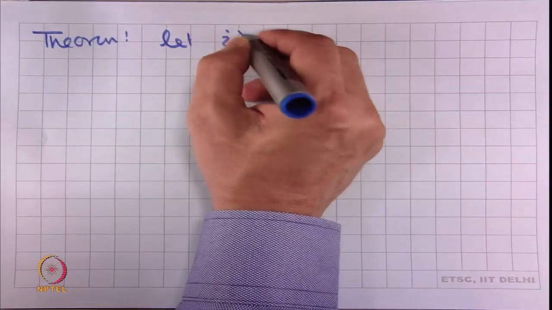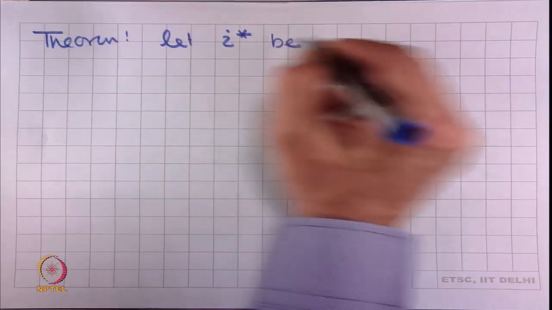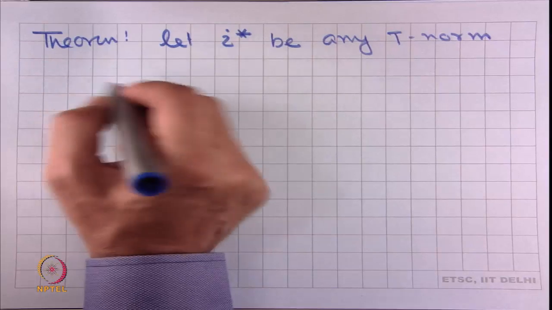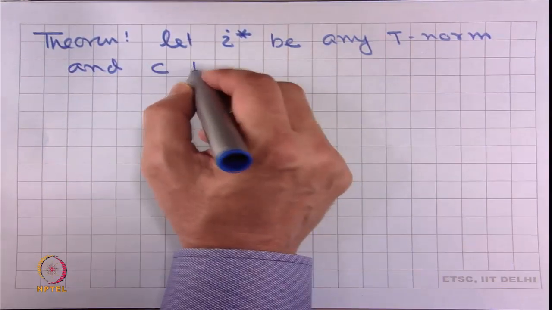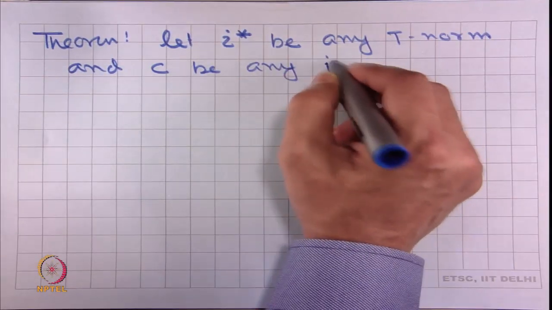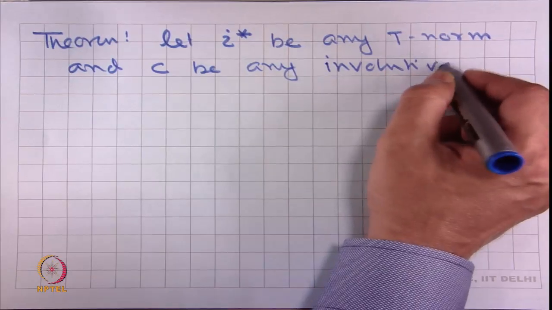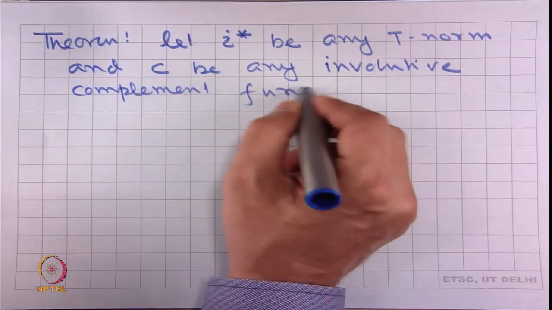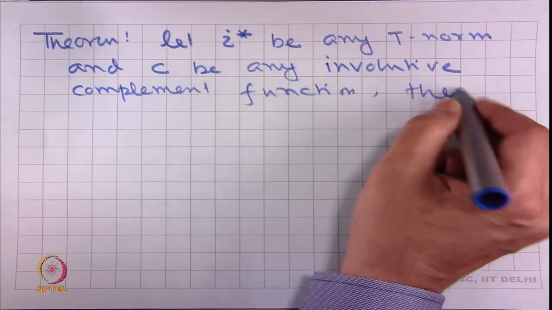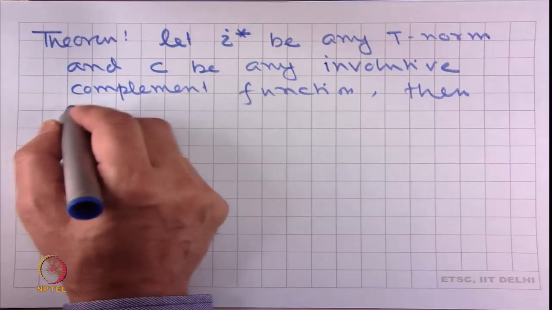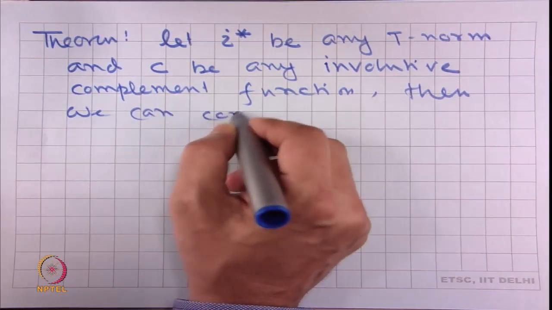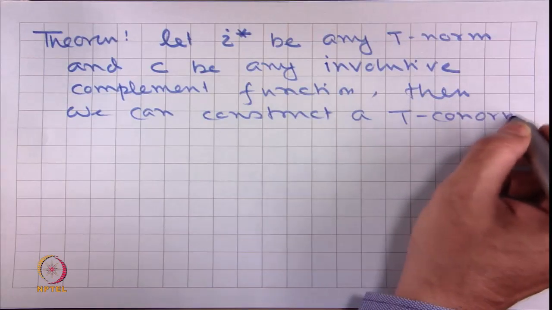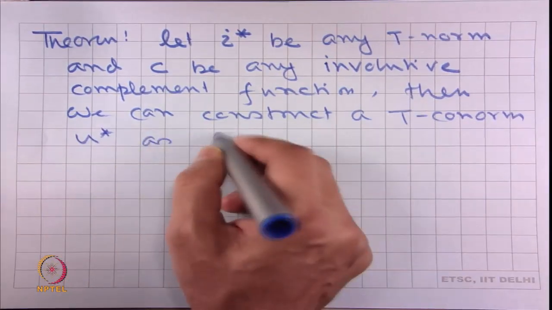Let I star be any T norm and C be any involutive complement function, then we can construct a T-conorm U star as follows.